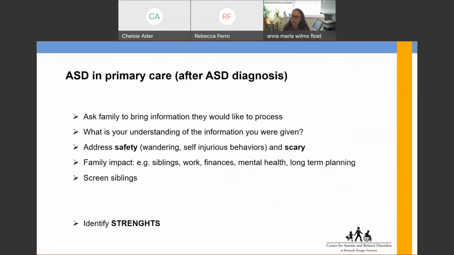It is important to think about safety, and we have a lot of resources that we share with families when safety is of concern, so wandering or self-injurious behaviors. And then the term scary, when parents need support because there is an unsafe environment, either for children or for families, we need to make sure we don't overlook that.